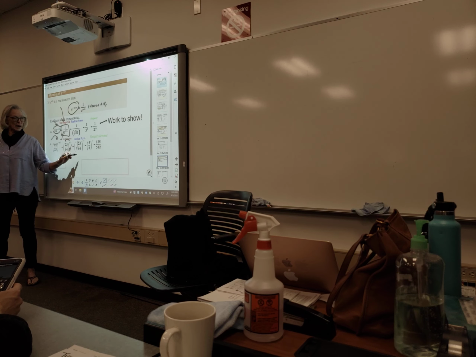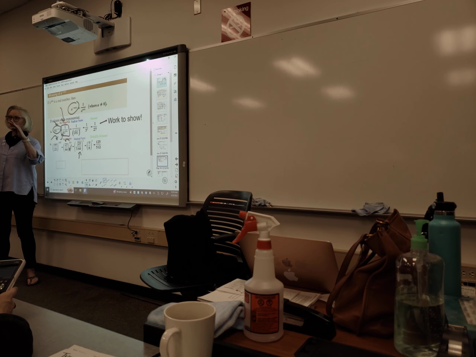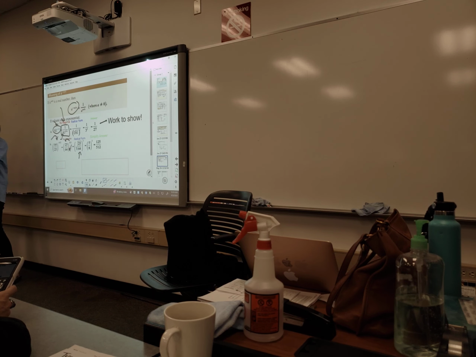When you have a radical, does your calculator give you a left parenthesis? Most of them do. And you got to close the parenthesis before you do your caret 3.